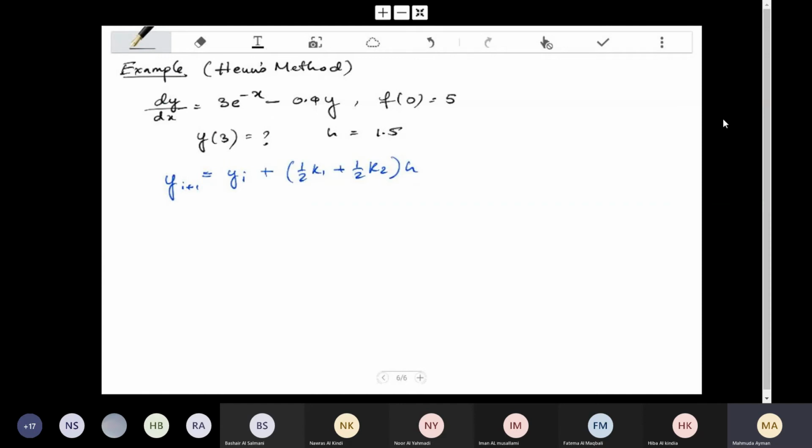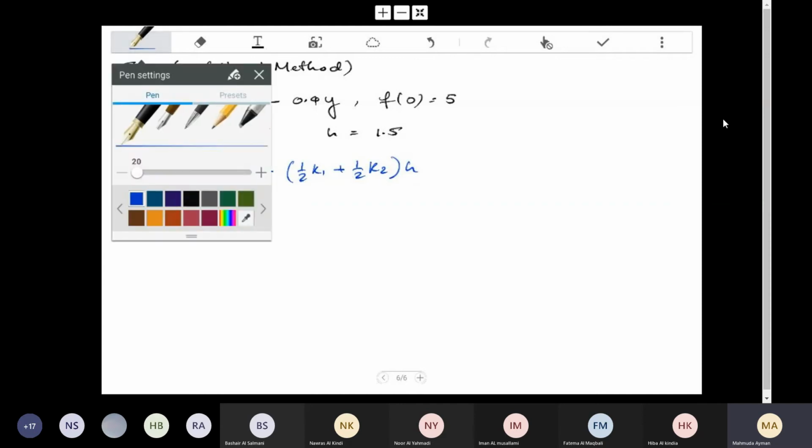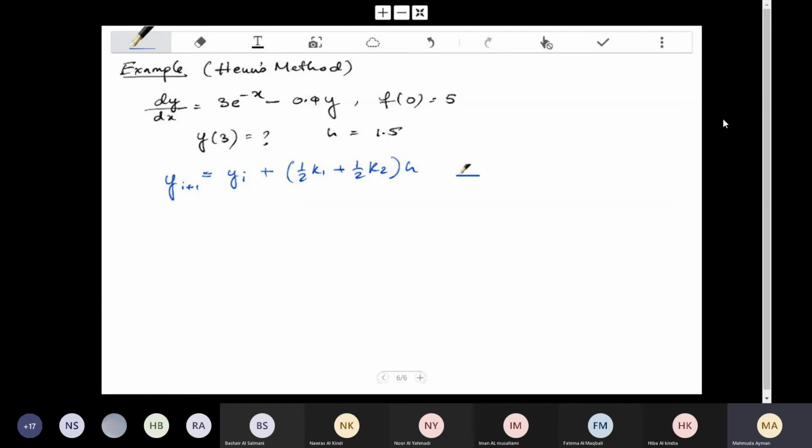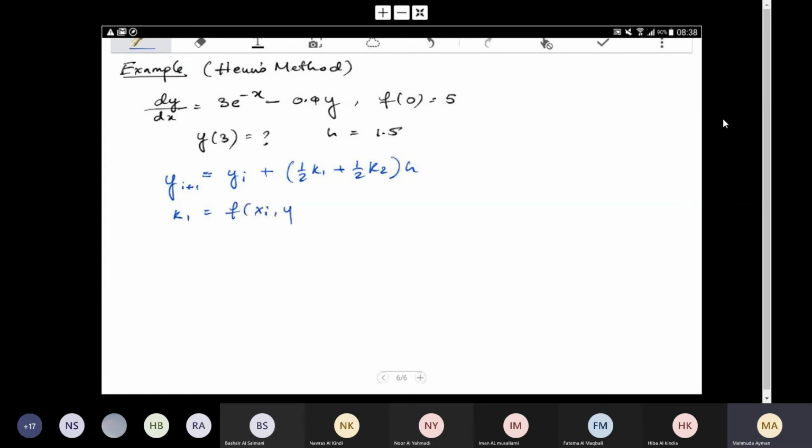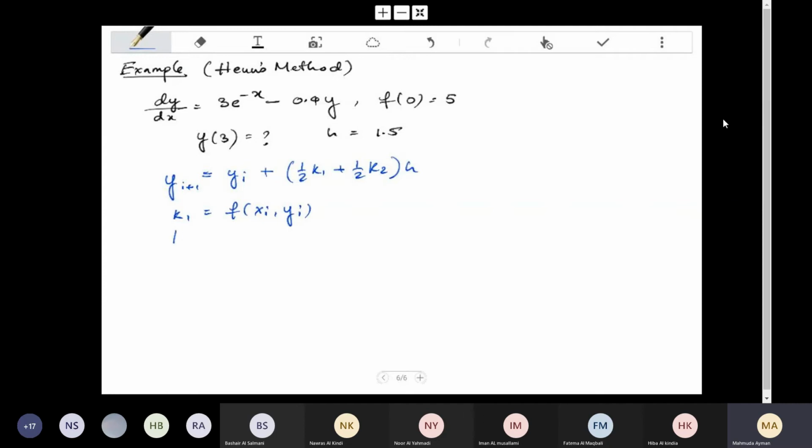We have here k1 is equal to f of xi, yi, and k2 is equal to the function value at xi plus h, comma, yi plus k1 times h.